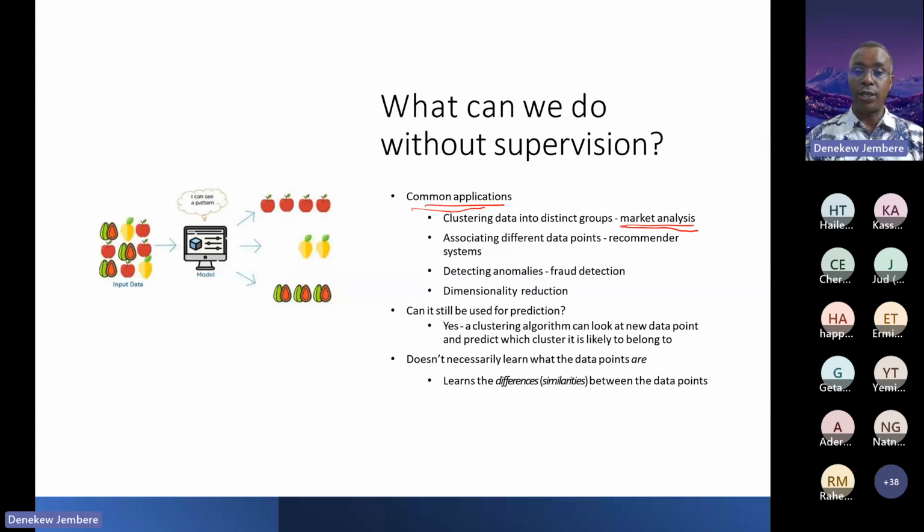The other application is associating different data points, or using recommender systems. And this is very common in the Western world, because you identify people by their custom, their market behavior, and then you basically provide more of those behaviors. Another recommender system, the most common one, is if you are using TikTok or YouTube, you can see the recommender system.